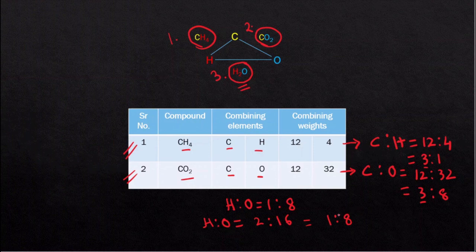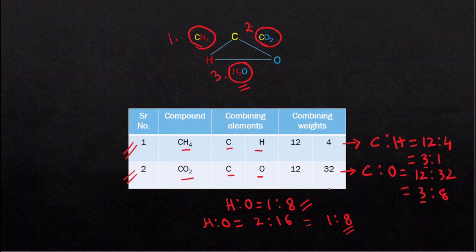And if we look at the standard ratio, this mass ratio of hydrogen and oxygen in water is exactly equal to the standard ratio. So these examples are also in good agreement with the law of reciprocal proportions.